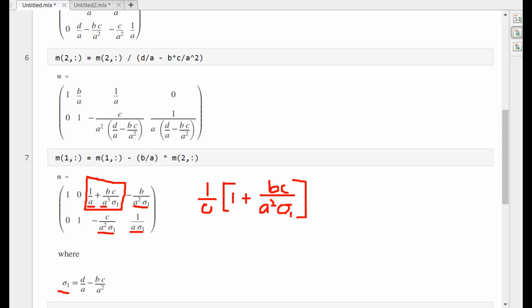So if I factor out this 1 over a, and why did I do that? Well, I have exactly what I need on the right-hand side.